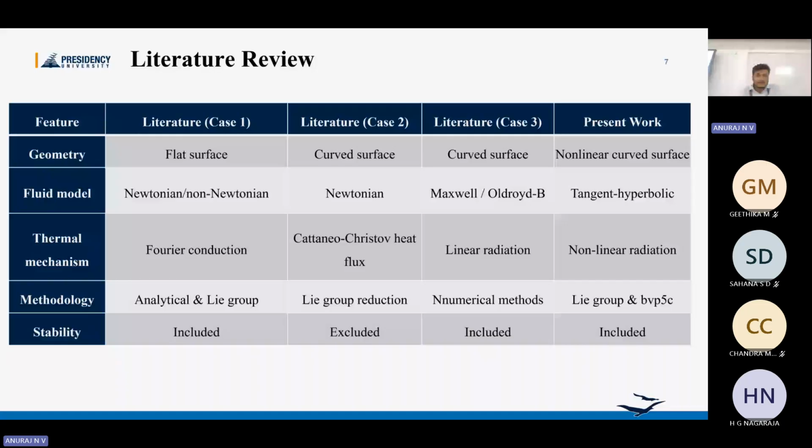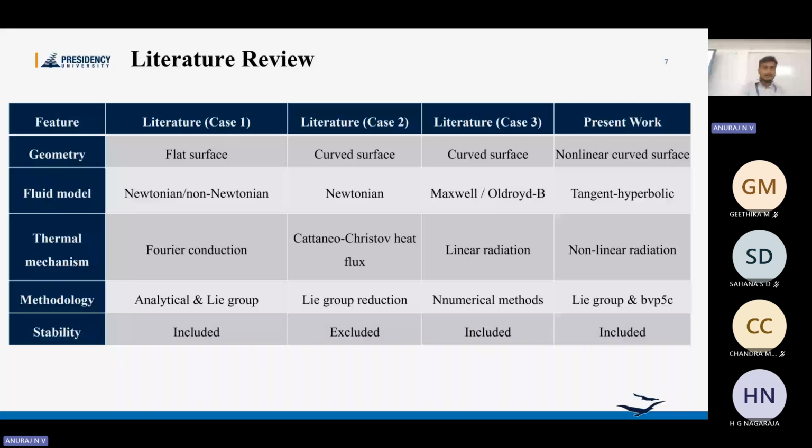For tangent hyperbolic fluid, there is still no study on a curved surface. That's why I chose the non-Newtonian liquid tangent hyperbolic fluid, which is a shear thinning fluid. And Lie group analysis, the scaling similarity transformation, has also not been studied for curved surfaces.